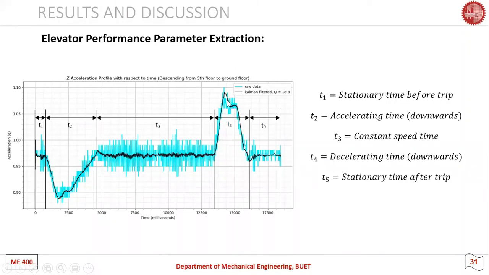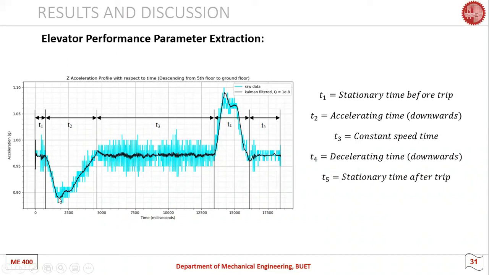Here we can notice that the peaks in the acceleration and retardation are not even. Therefore, this elevator has some problem during acceleration and deceleration, and it might create an uncomfortable experience during those times.